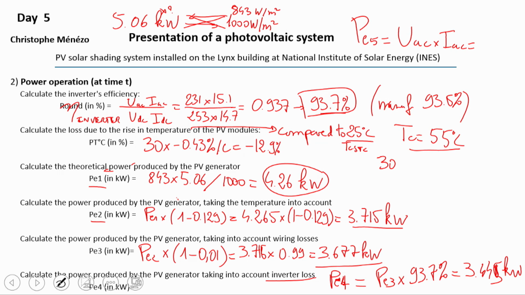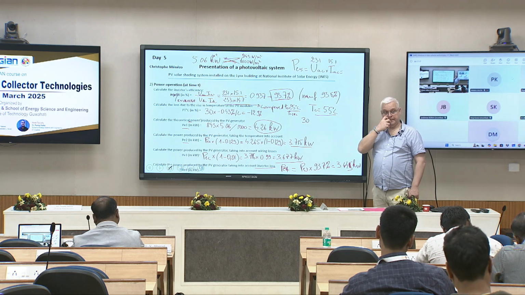So 231 and okay. And in principle, I should not be far from this while considering all the loss, including the inverter.